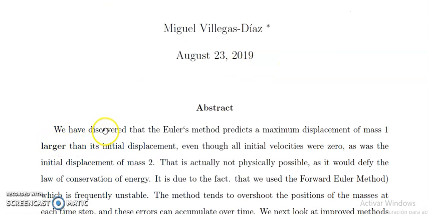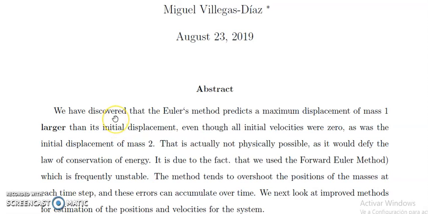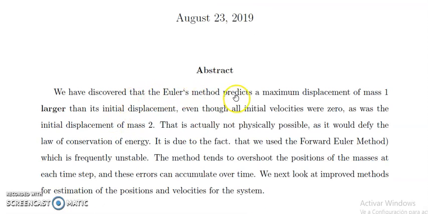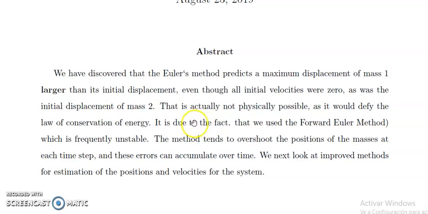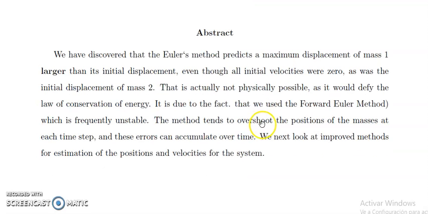We discovered yesterday, in the past video, that the Euler's method predicts the maximum displacement of mass 1 larger than its initial displacement. So we concluded that this is not physically possible, this is not feasible, because it defies the law of conservation of energy.